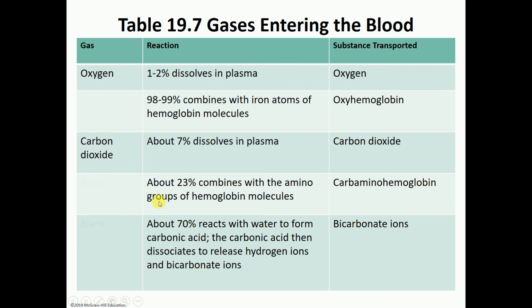Carbon dioxide, you have about 70% of it reacting with water to make carbonic acid and then dissociating to make the bicarbonate ions. Some carbon dioxide will combine with the hemoglobin to make carbaminohemoglobin, and a little bit of it will dissolve in plasma just as regular carbon dioxide.